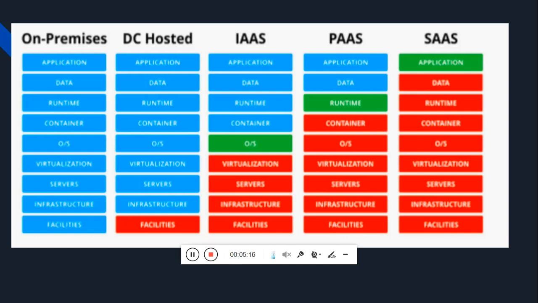The next one is platform as a service. PaaS stands for platform as a service, and this service model is mainly aimed at developers who have an application that they simply want to run without having to worry about any underlying infrastructure. The cost is mainly based on how much you consume.